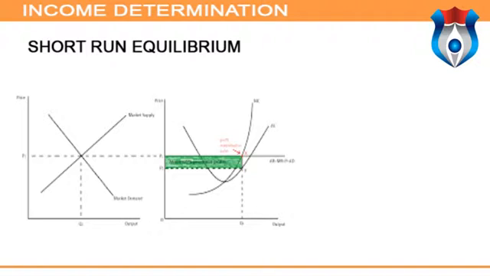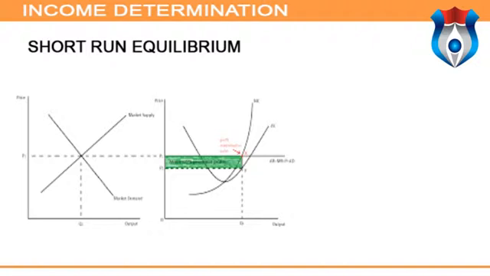Its average cost curve AC1 passes from below the MR equal to AR curve. The point E1 marks its equilibrium position where MR is equal to MC. The firm produces Q1 output. The total revenue of the firm is then OQ1 into OP.